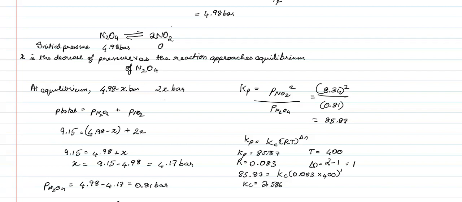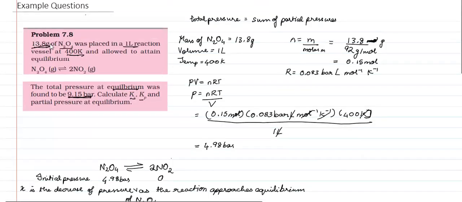So basically, in the beginning, you started with 13.8 grams, and we had to calculate the value of Kc, the value of Kp, and the partial pressures of all of them in equilibrium. From the question itself, you can try and understand that we need to calculate the partial pressures, which means this is more partial pressure related and not concentration related.